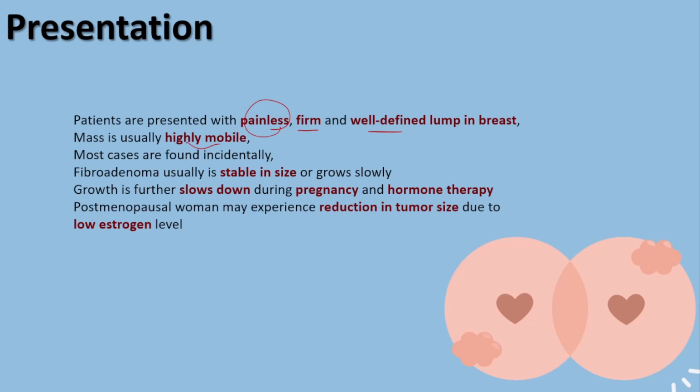And note that most fibroadenomas are stable in size or grow slowly, but the growth rate can be affected by pregnancy and hormonal therapy. Both pregnancy and hormonal therapy can slow down the growth of the growing fibroadenoma. And note that during the postmenopausal period, due to the fact that the patient is having a low amount of estrogen, we are going to experience reduction in size of the tumor.